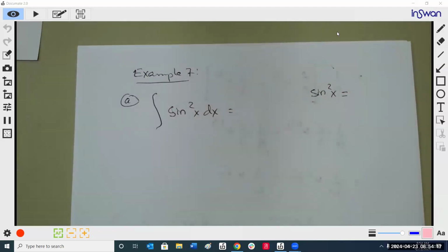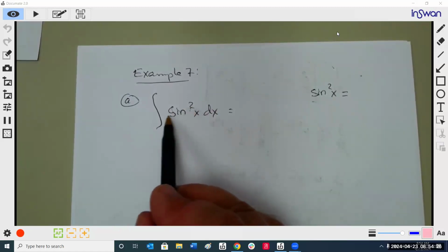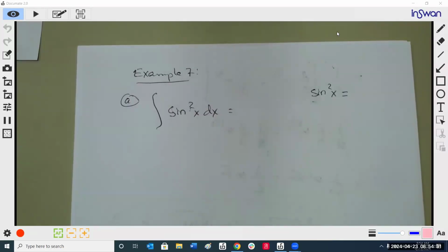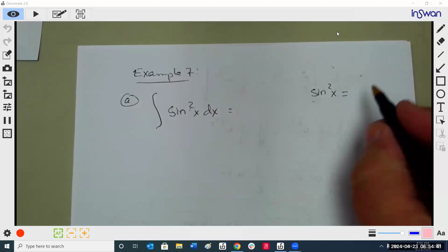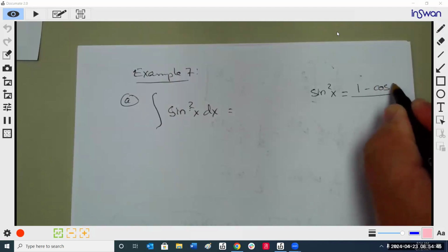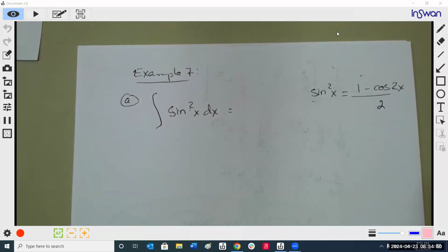how can we rewrite sine squared x using our trig identities? Typically, we don't want to have exponents in trig functions, unless it's a secant, because that's an easy tangent. But a lot of times when we have sines and cosines, that's going to be more difficult for us. One of the options here is this identity.